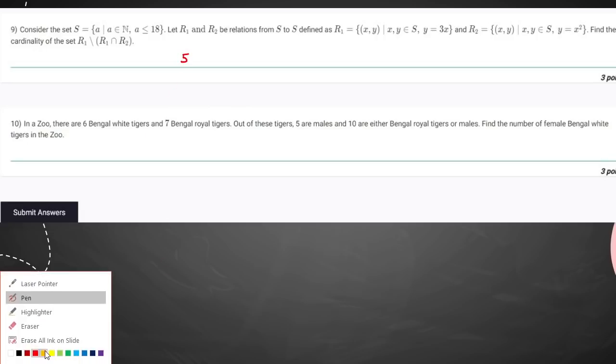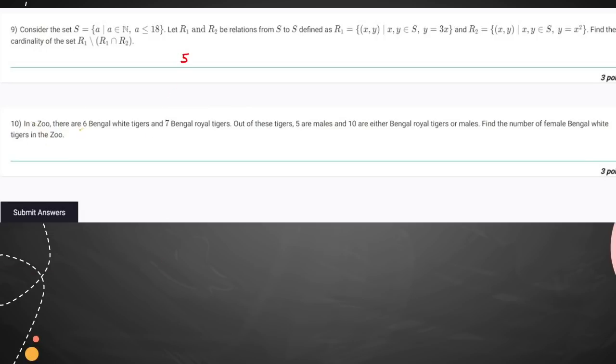The 10th question is, in a zoo there are 6 Bengal white tigers. So here Bengal white tiger is 6, and here Bengal royal tiger is 7.